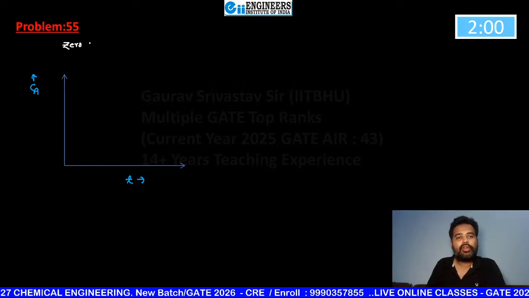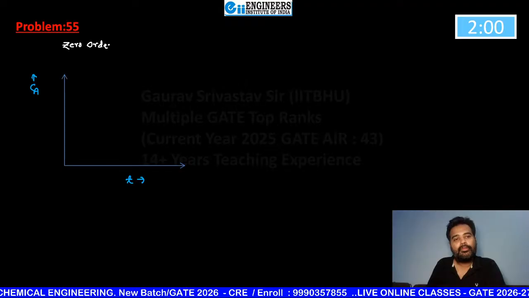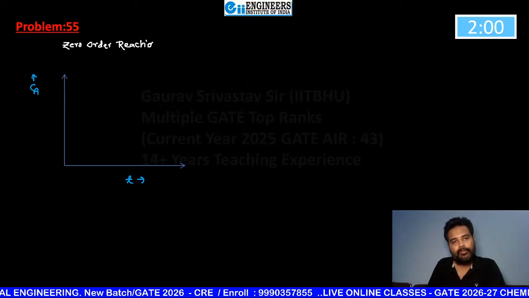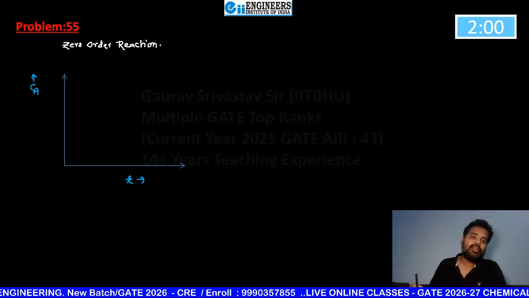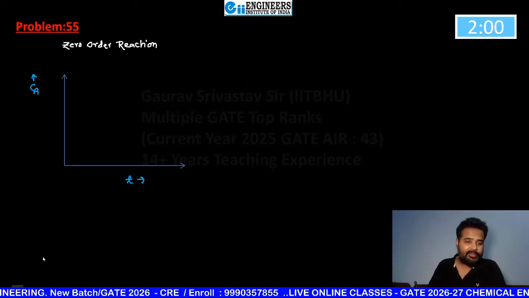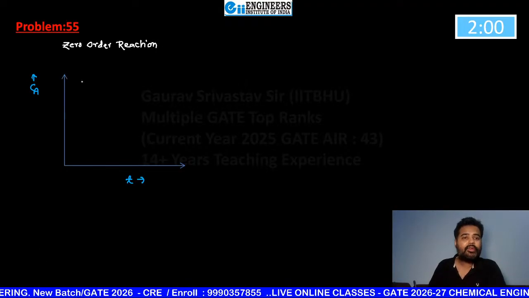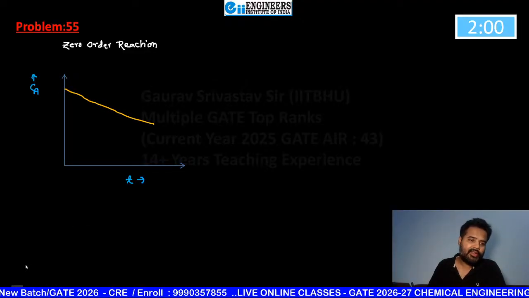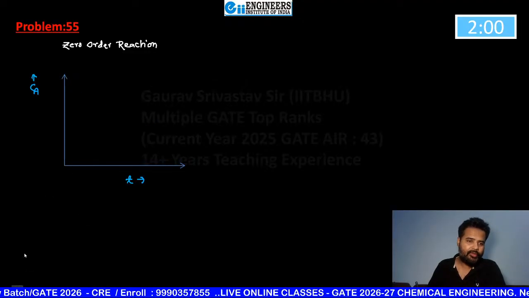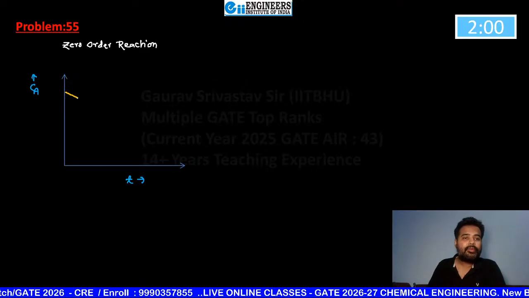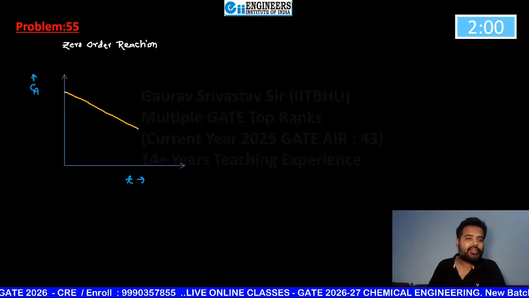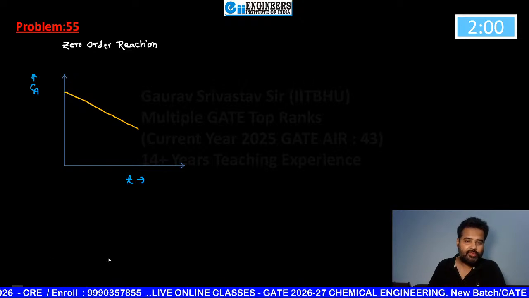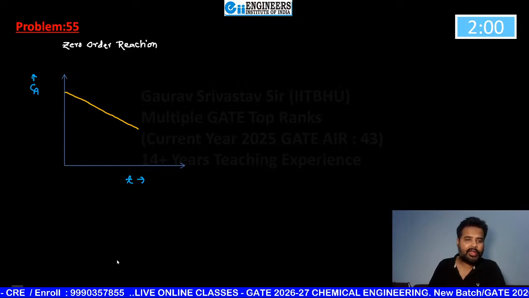Now the graph is given there. This is a straight line. Wait, let me draw again. It's a straight line. Very good, beta. Absolutely correct.